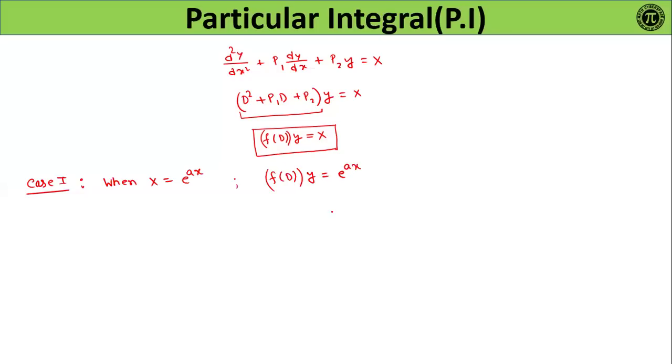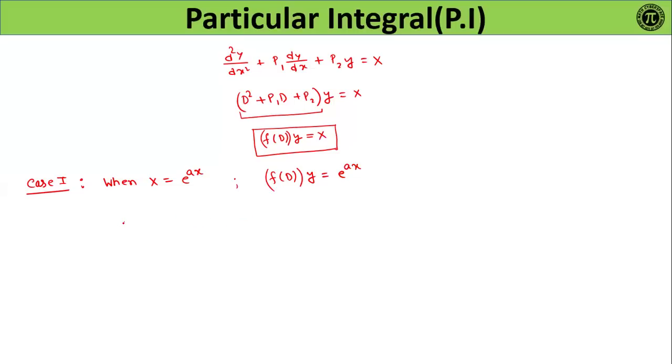In this case you can find the complementary function: first write f of D y equals 0, taking the right hand side as 0, then you can calculate yc. But this is not our concern. Our concern is just to find the particular integral.